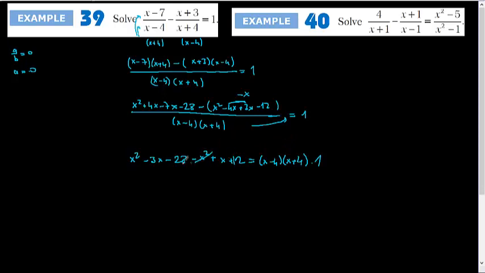Then I can simplify the x squares, and I get minus 2x, minus 28 plus 12 is minus 16, so minus 2x minus 16. On the other side I have x squared minus 16.